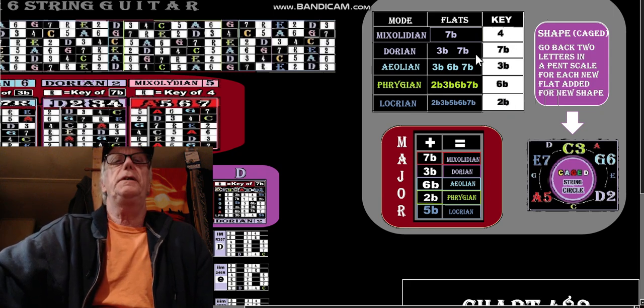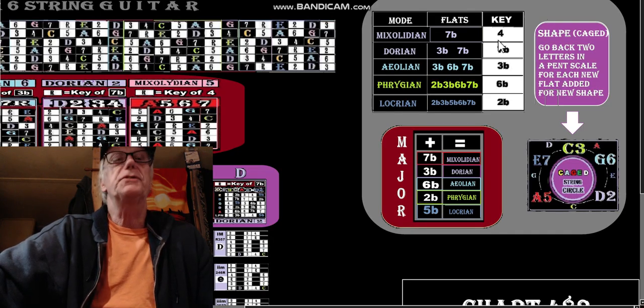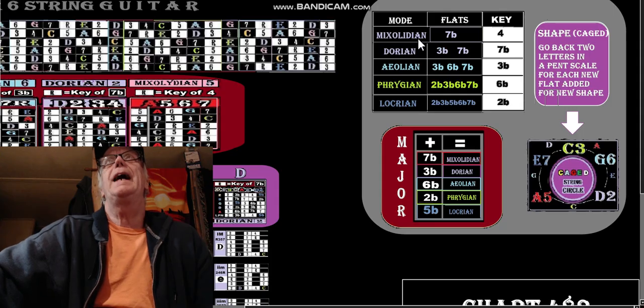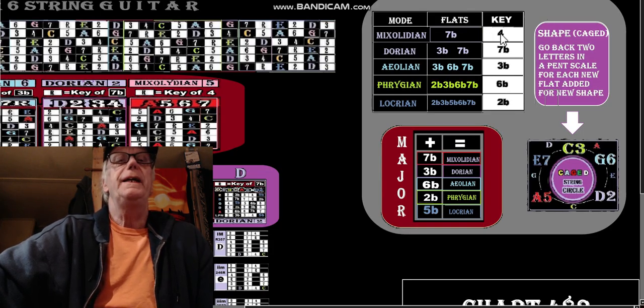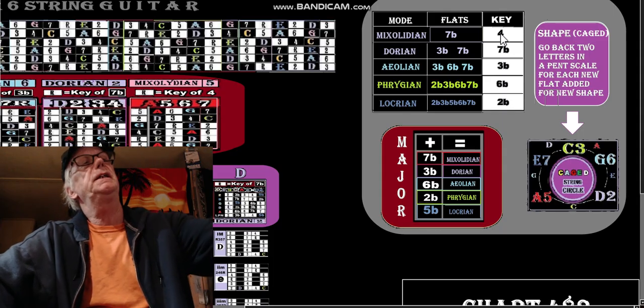Now, if we're in the key of E, all right, so if E is the lowest playable, or we're just in the key of E, starting out and you start flattening things. So the 7th flat of the key of E is a D, okay? That puts you in 4 in the key of E. You're counting in the key of E now.